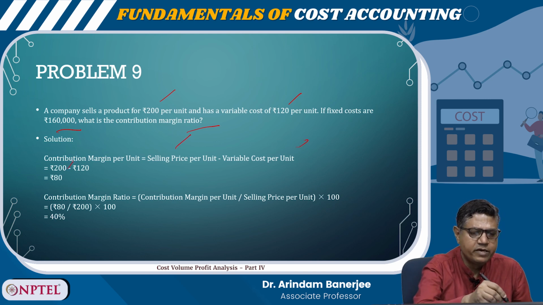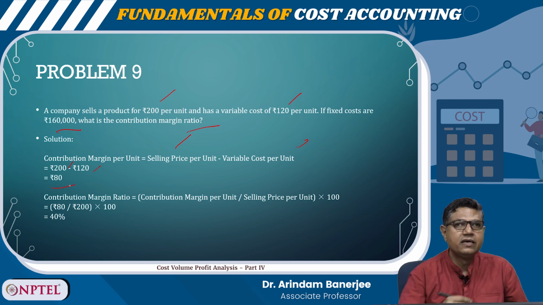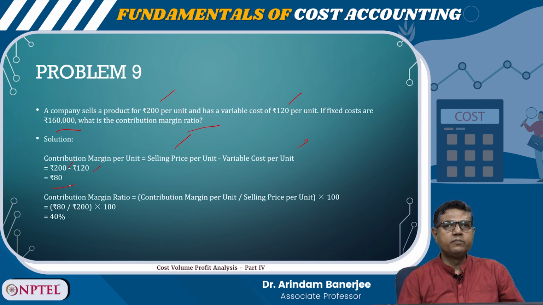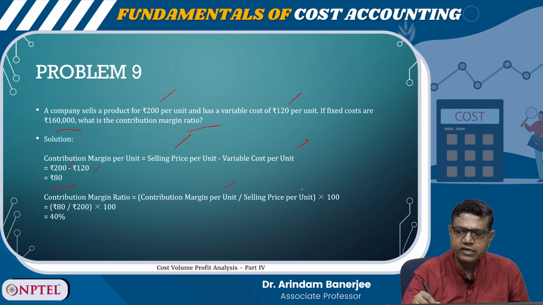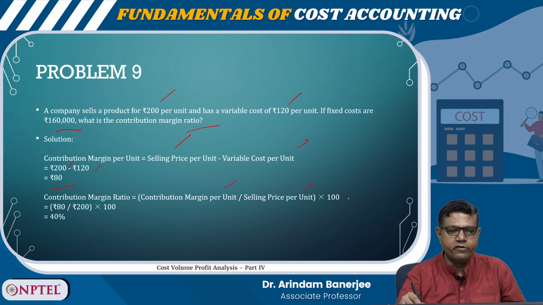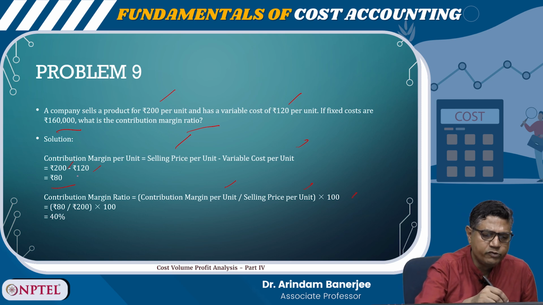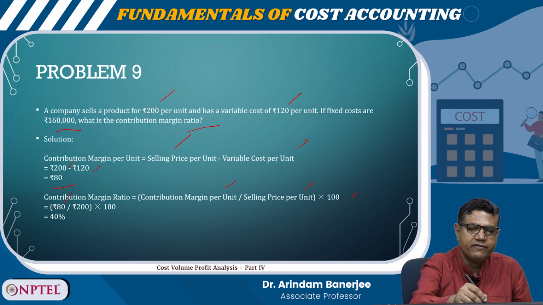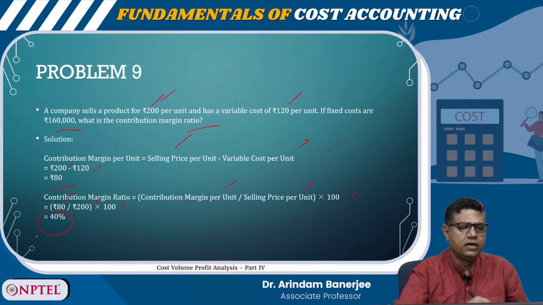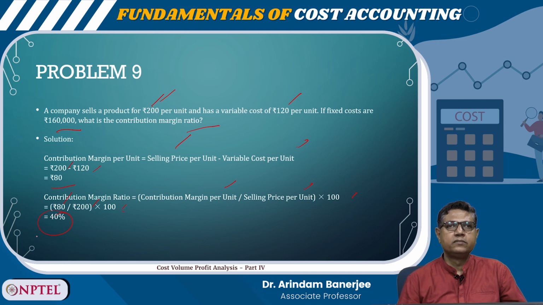So, 200 minus 120, it is 80, and contribution margin ratio is contribution margin per unit divided by selling price per unit into 100. Contribution margin per unit we already calculated, 80, and selling price is given here, 200, into 100. So, the answer is 40%. This is my contribution margin ratio.